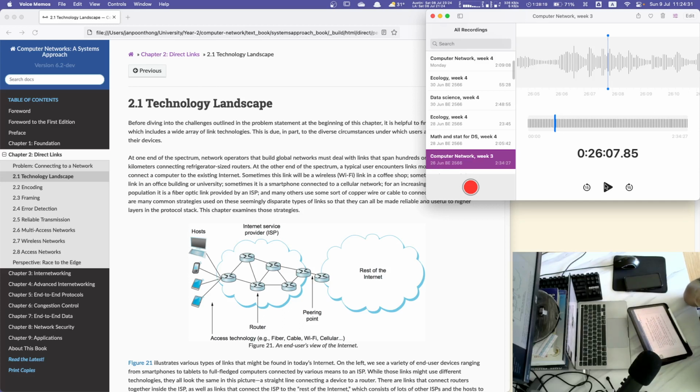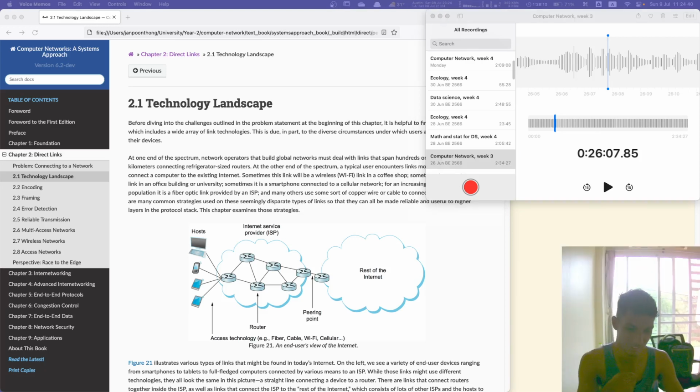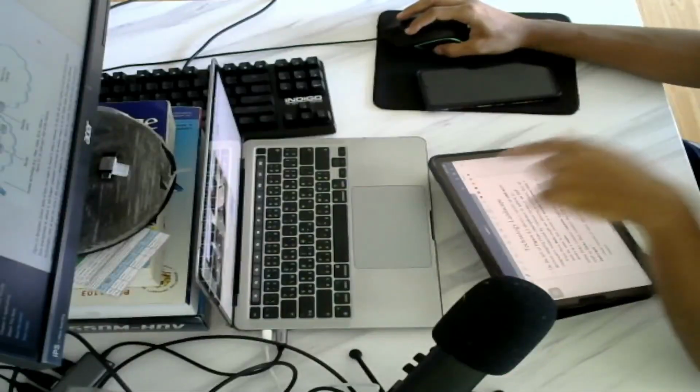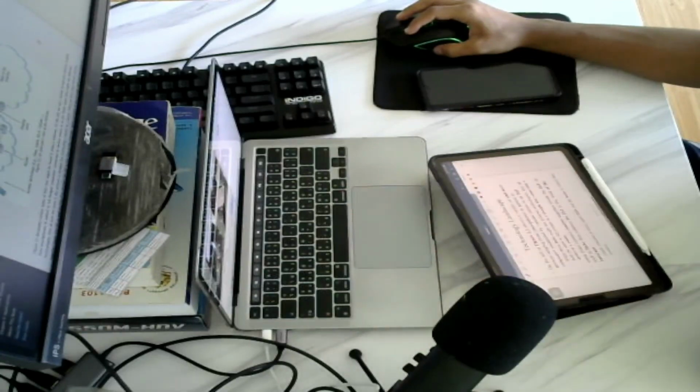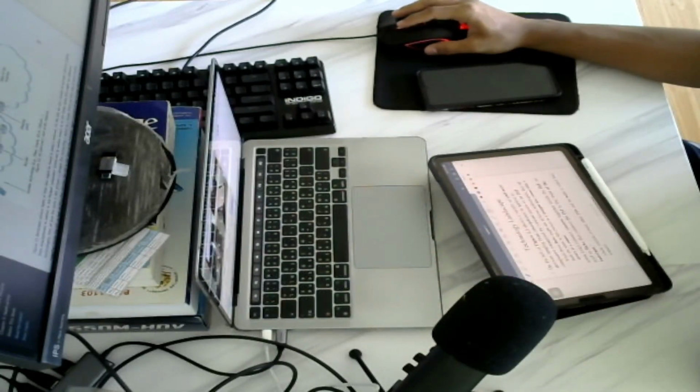A new setup? No, it's just an old setup. Not particularly new. I'm here, the webcam is here, and the table cam is here. Nothing new.